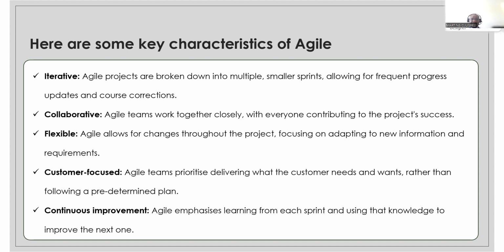And then it also gives room for continuous improvement, meaning the agile methodology emphasizes learning because you work in sprints, and for each sprint, you learn some things. Those things learned are used to improve the next sprint.